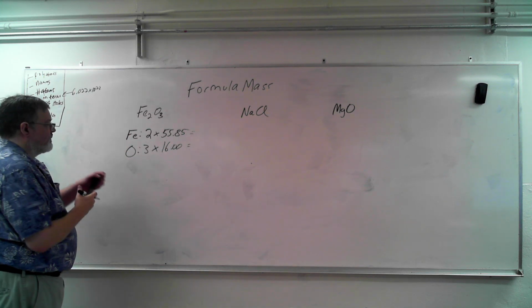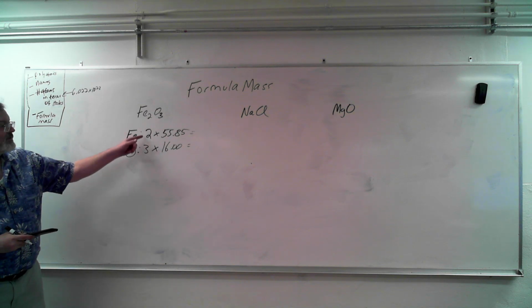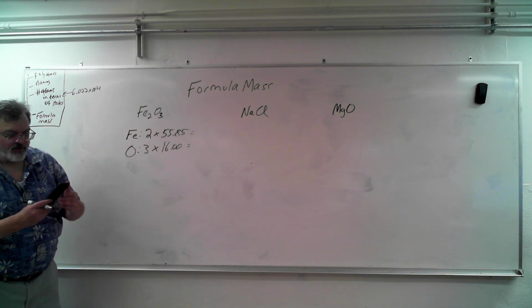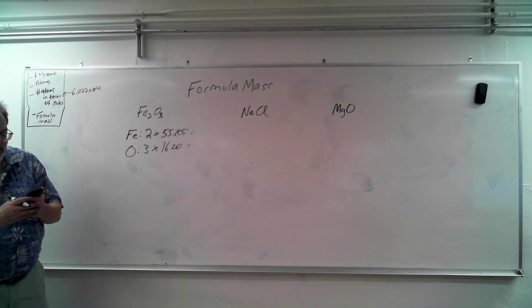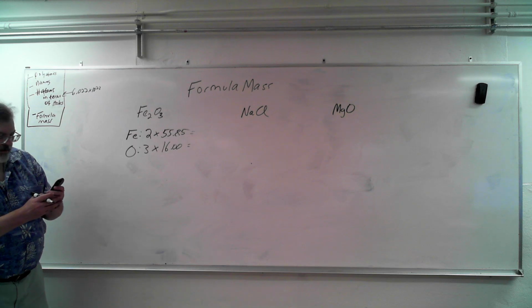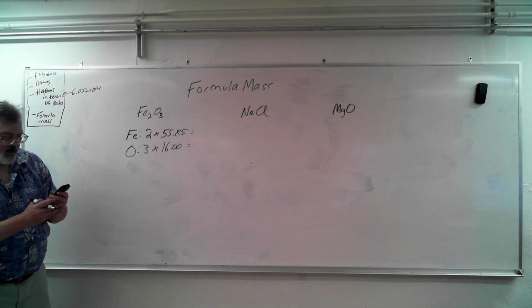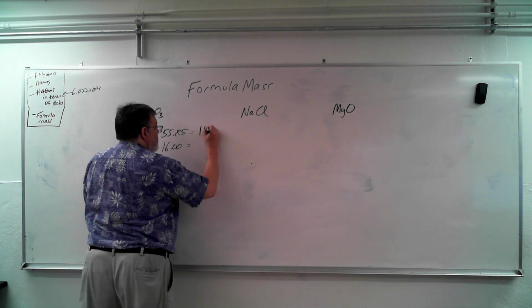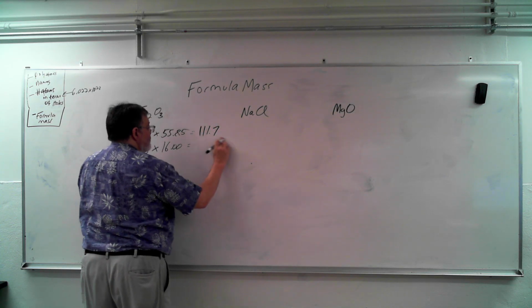So what is that if we multiply across? These numbers are exact, so we really only look here for our significant figures. Multiplication division rule. 2 times 55.85, 111.7. That's 4 significant figures.